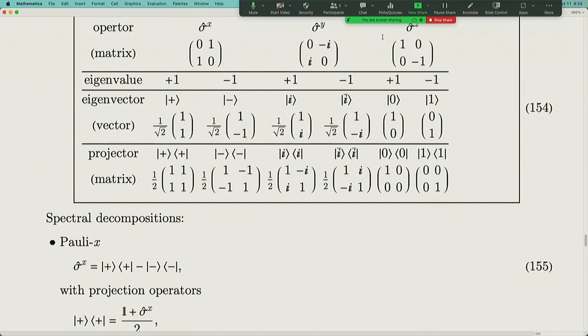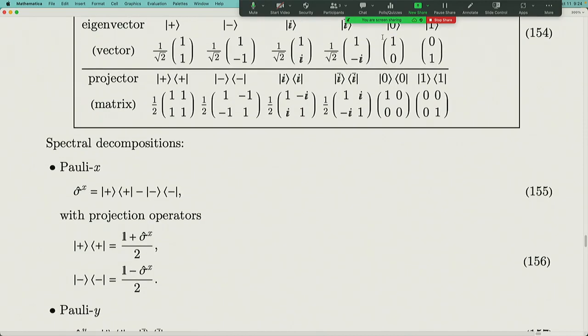The reason that this projection operator basically singles out, for example, the plus state, is because the plus state is the eigenstate of sigma x with eigenvalue +1. That means if you try to apply this projection operator on the plus state, this sigma x operator will act like a scalar multiplication on the plus state.